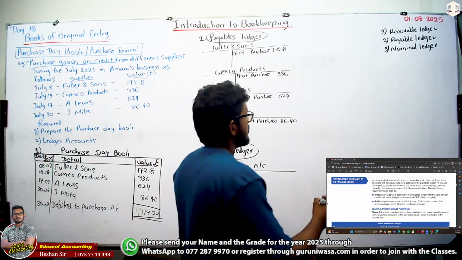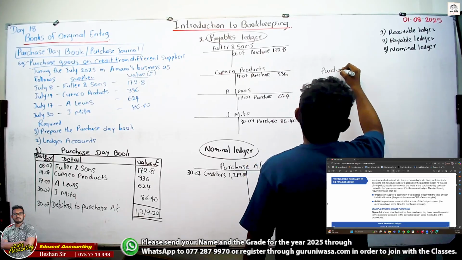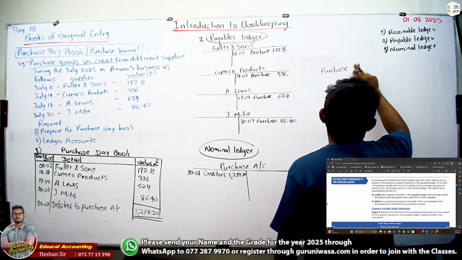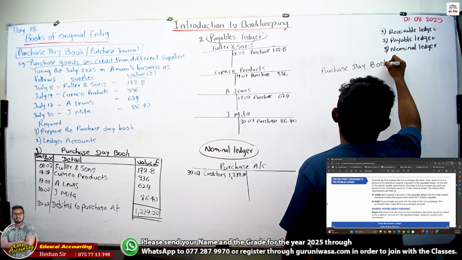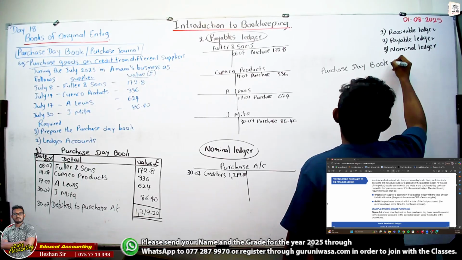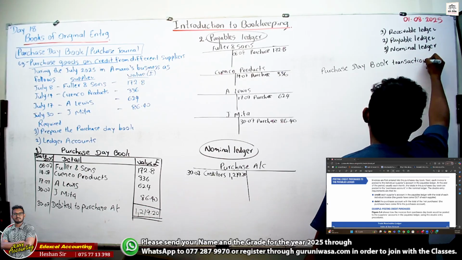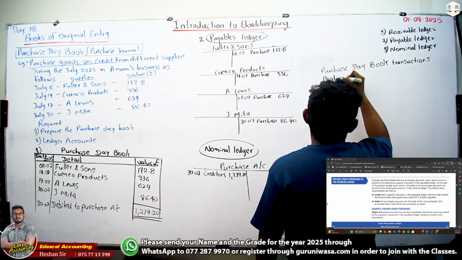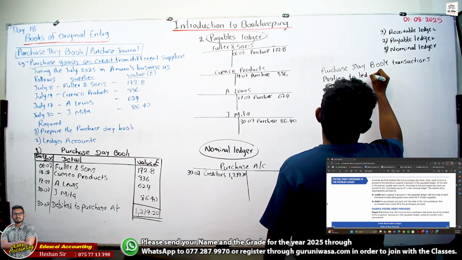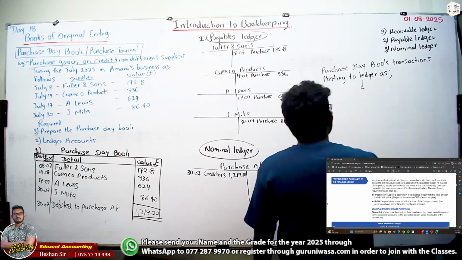So double entry, purchase day book transactions, posting to ledger, as like this. How do we do it?